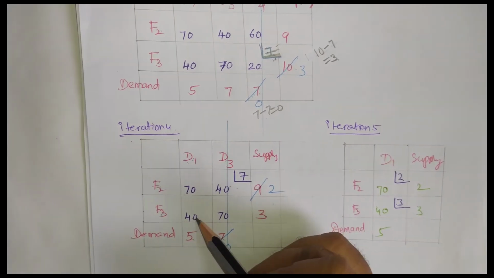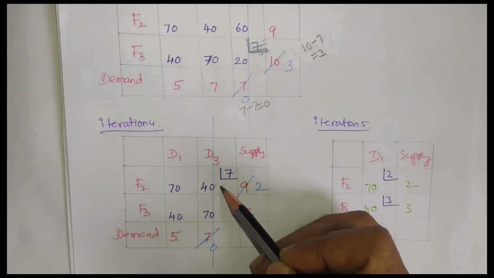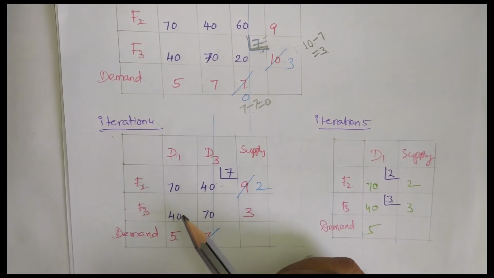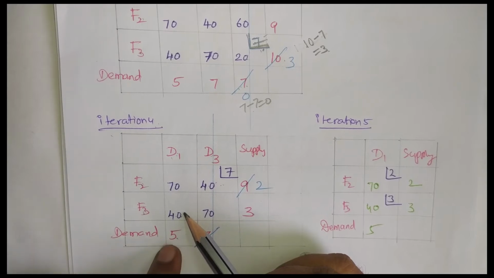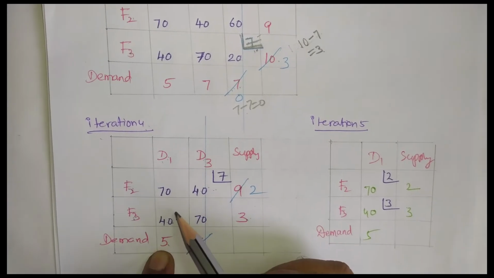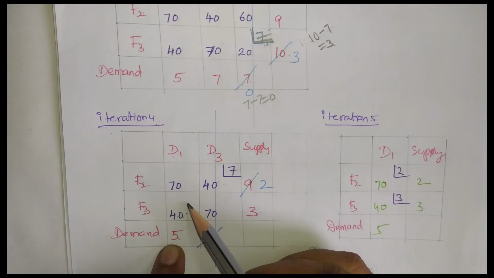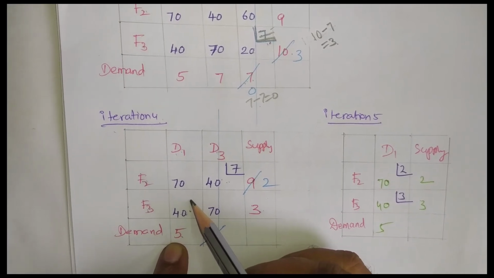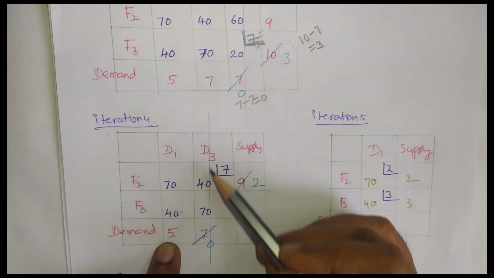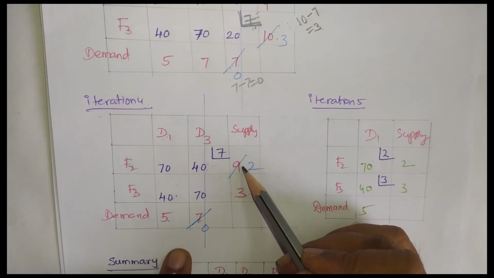So among these two cells, where we can allocate the maximum units, that cell is considered first. Suppose we consider this cell. Here demand is 5 units and supply is 3 units. So we allocate 3 units here, only 3 units are allocated to this cell. Otherwise, if we consider the F2 D3 cell, here demand is 7 and supply is 9 units.